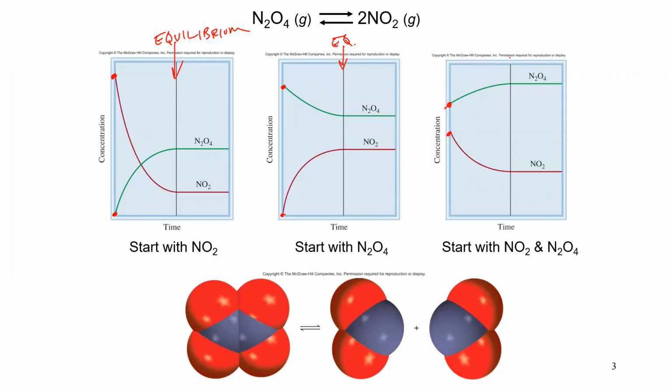And so all of these vertical lines here represent equilibrium. And you'll notice that after that point in time, the concentration of the products and the reactants doesn't change, just like we mentioned earlier. Any questions about equilibrium so far?